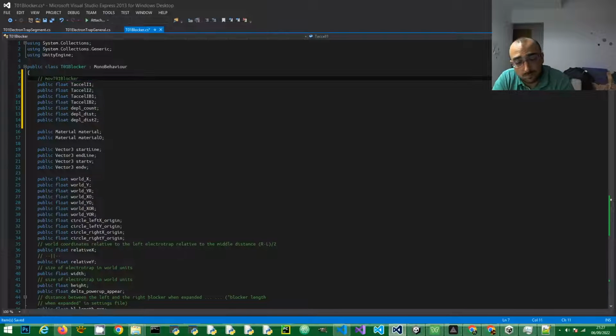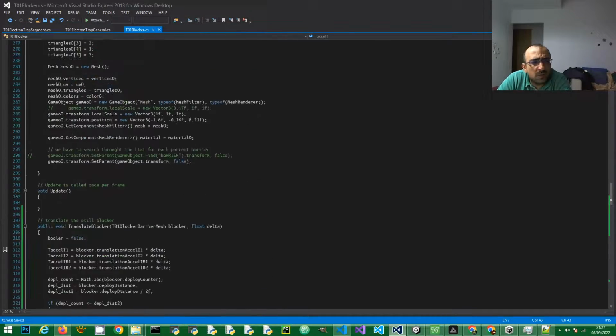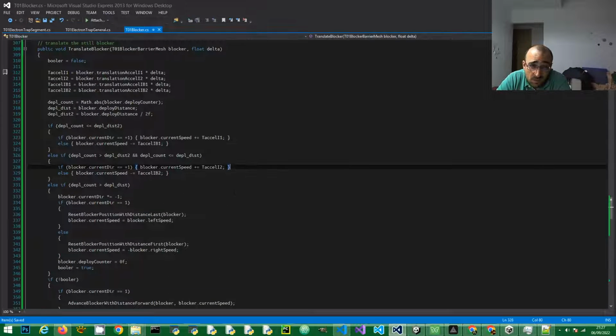Moved from T0 electron 1, 2 to here. One. Okay. Now we must get rid of the errors first. Let's see how many errors we will have. Probably plenty.